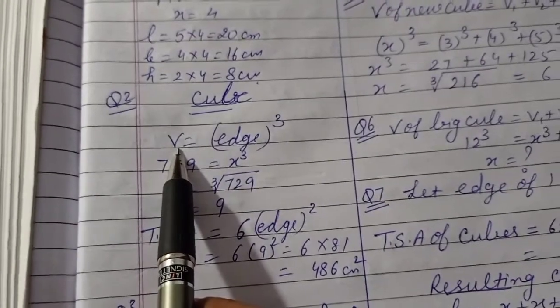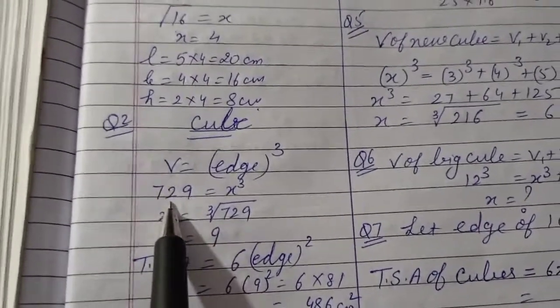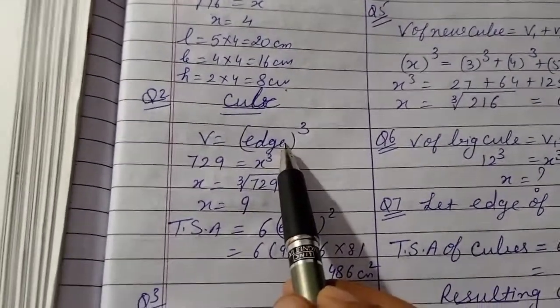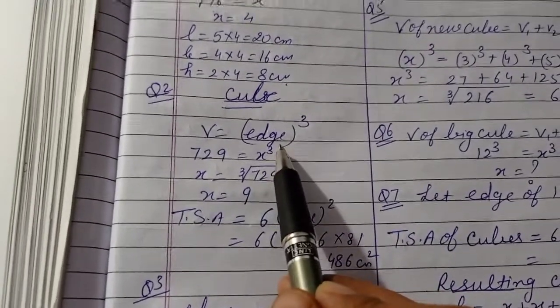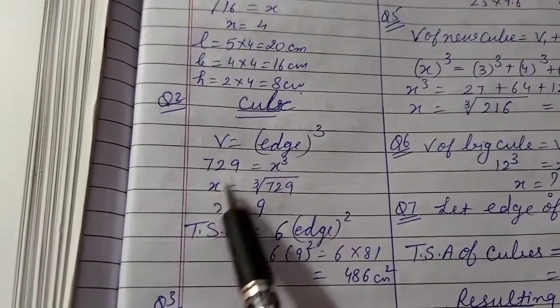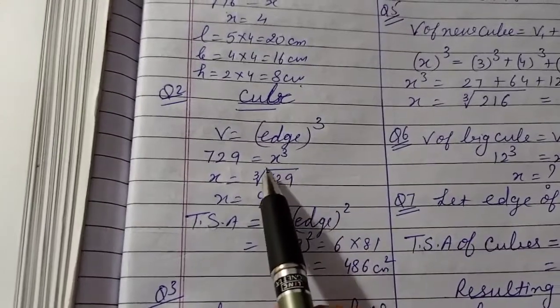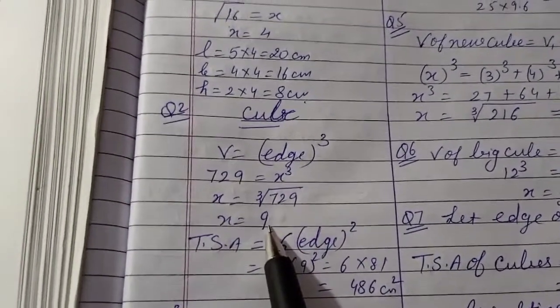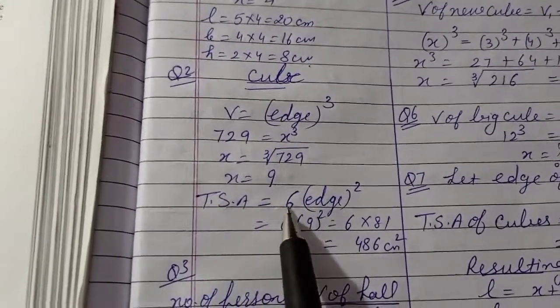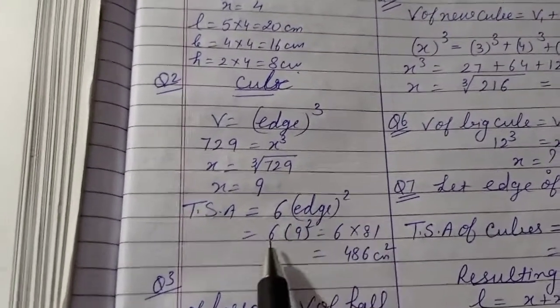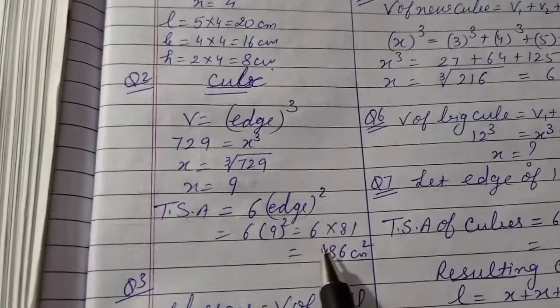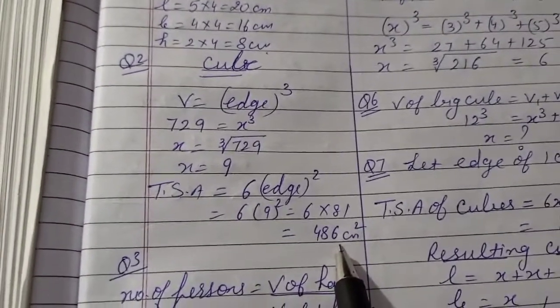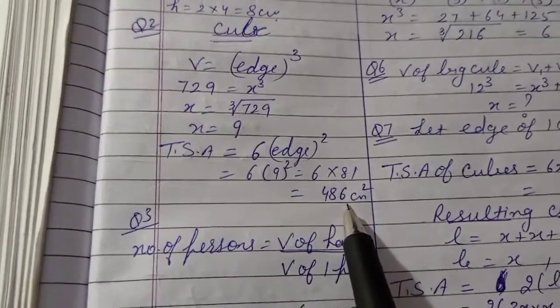So using volume, let's find the edge. Volume is given. Let the edge be x or a, anything you can take. So it is x cube. X will be equal to, when you remove cube from this side, it changes to cube root of 729. So x is equal to 9. Total surface area is 6 into edge square, meaning 6 into 9 square. 6 into 81, that is 486 centimeter square.